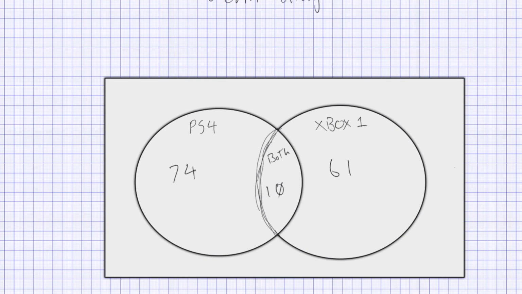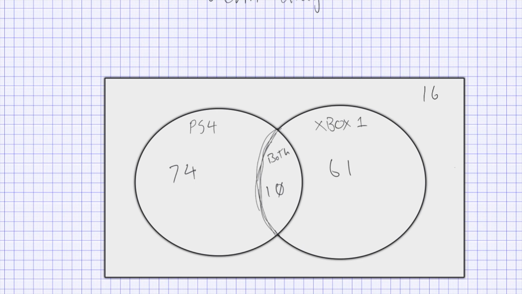Let's say we found that there were 16 people who did not own a PS4 or an Xbox One, so they fall into neither of those categories. This is our Venn diagram. This is the data that we have collected.